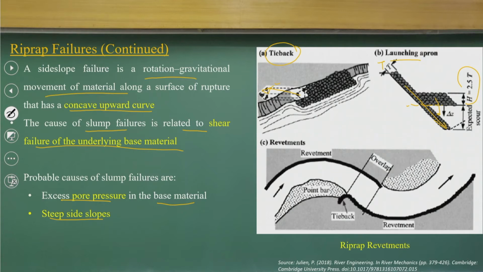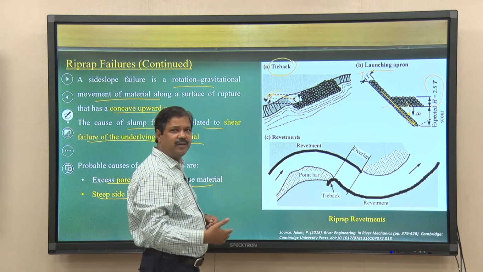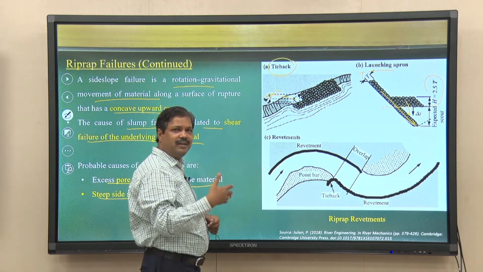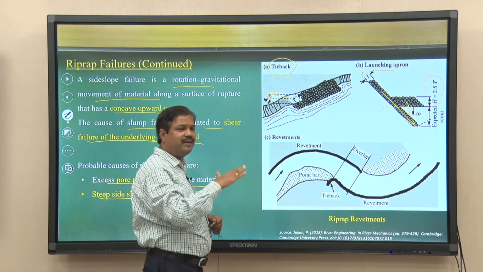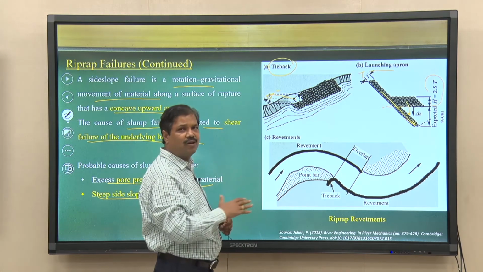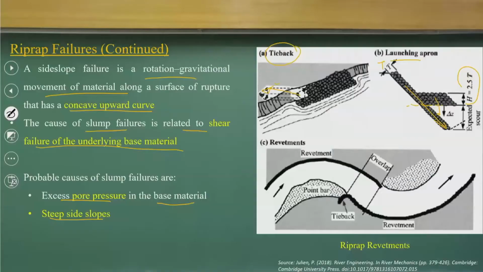Because of the scouring mechanism and river degradation, the river bank protection that we have done should take care of the scour formation. That is the reason if a launching apron is provided, on the bank the thickness is T, on the bed we put a thickness which is 2.5 times T, and after the expected scour, these materials can again fall like this.